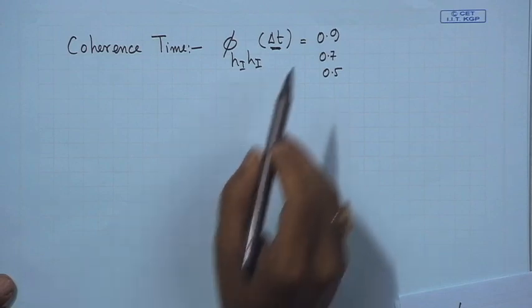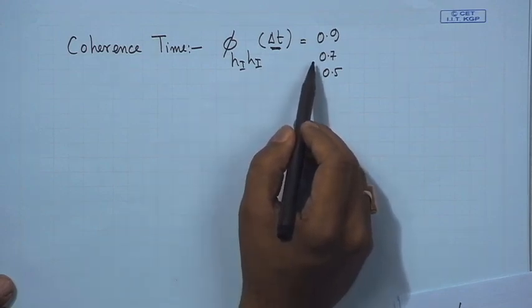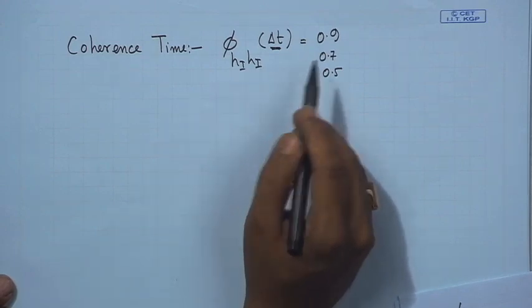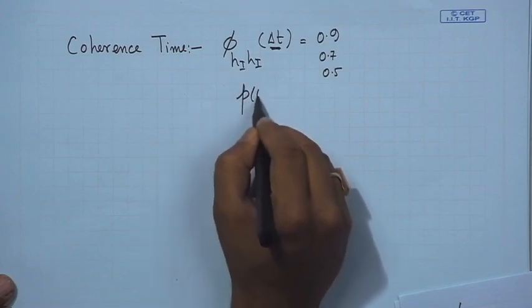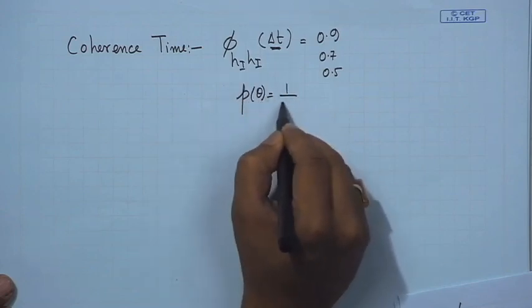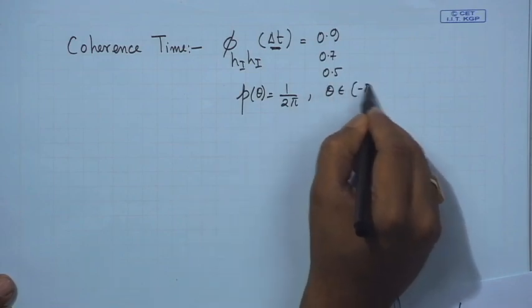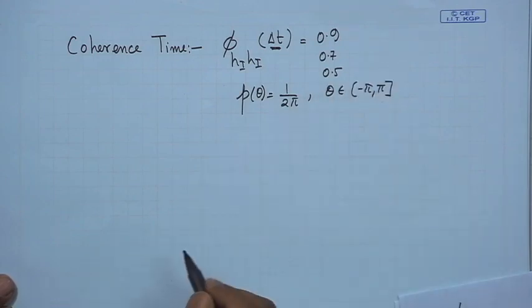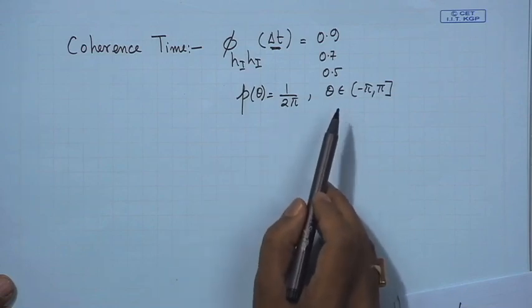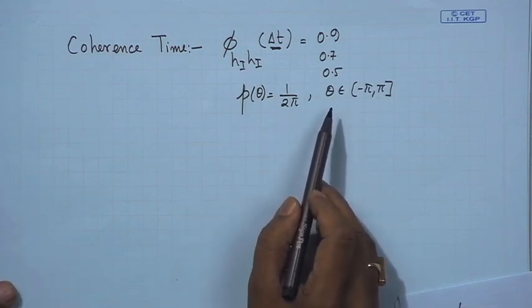So, these are very important, and remember the results we have got is because we have made one fundamental assumption that p of theta is equal to 1 by 2 pi, where theta lies in the range of minus pi to pi. So, if you change these assumptions, the results which we have obtained would be different.